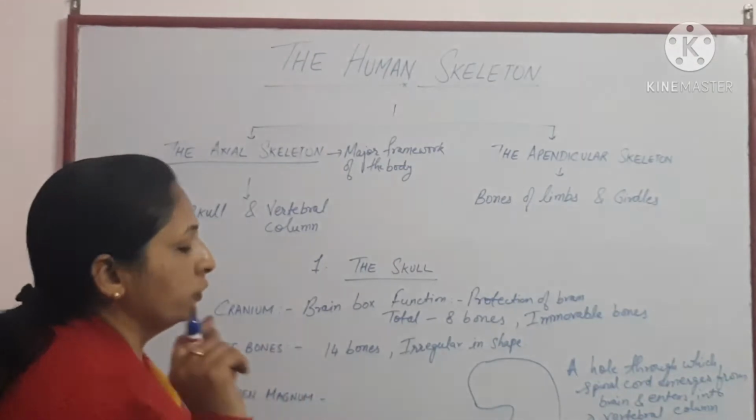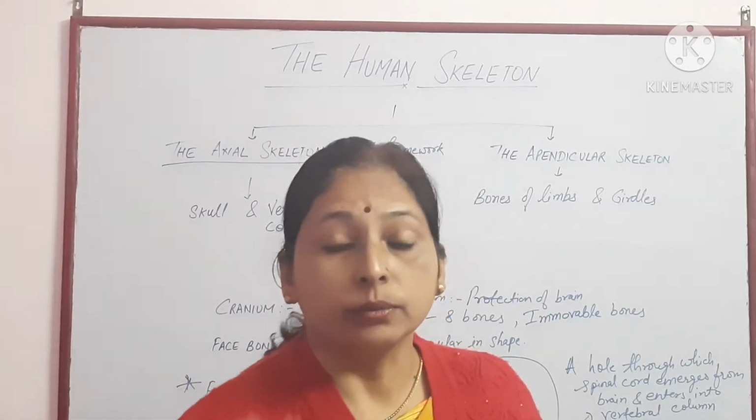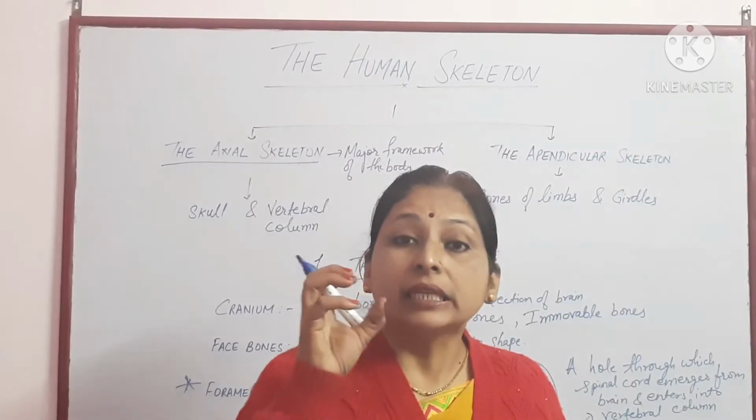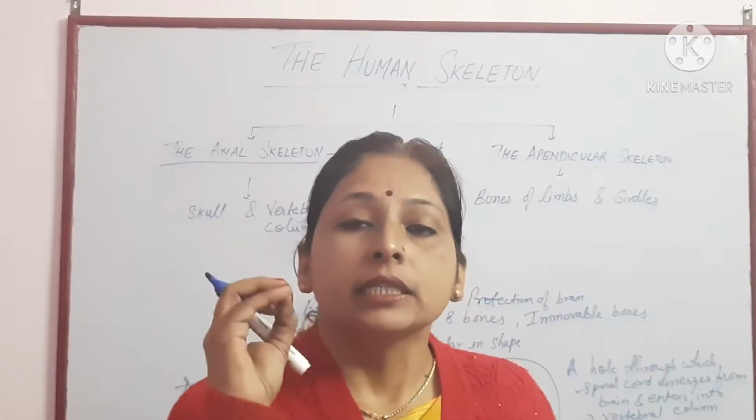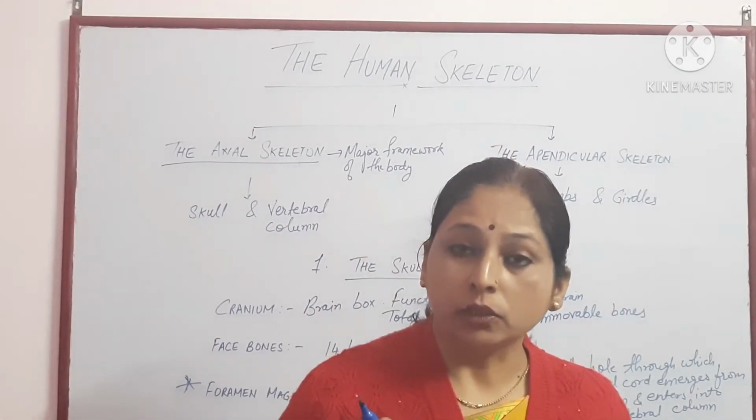One word answer, foramen magnum. What is foramen magnum? Foramen magnum is a cavity or a hole through which the spinal cord emerges from the brain and enters into the vertebral column.